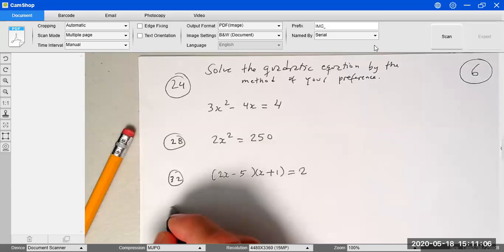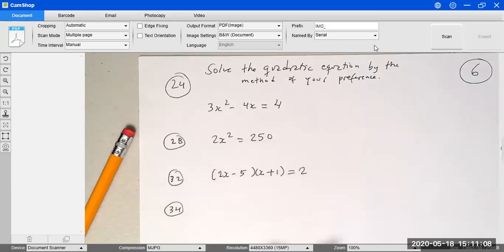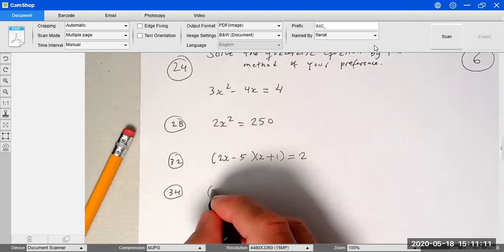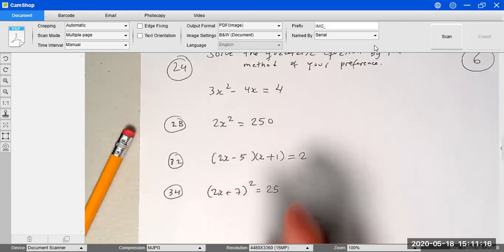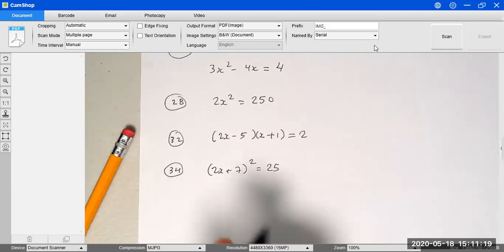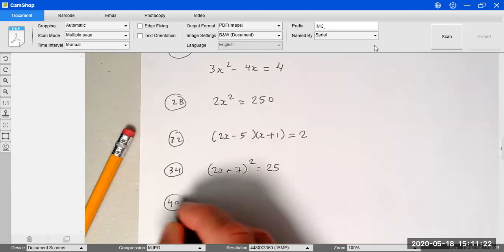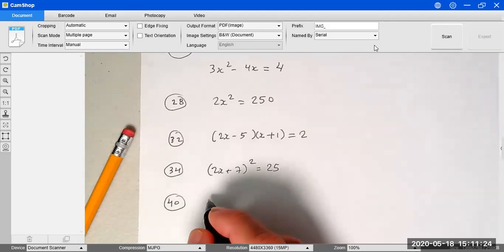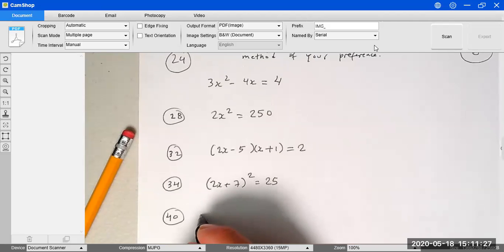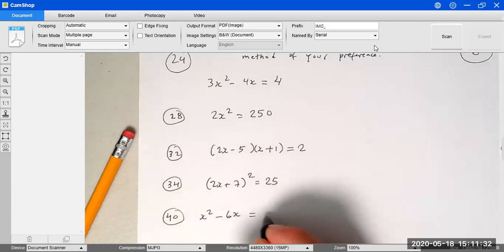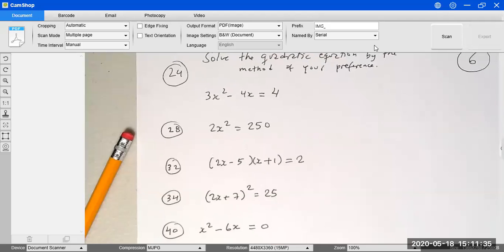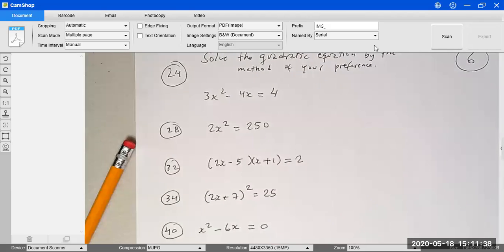Then we have problem 34, and this is going to be (2x plus 7) squared equals 25. And finally, problem 40 is just x squared minus 6x equals 0. So we have here 5 problems to solve, and that is going to be all for today's lecture.